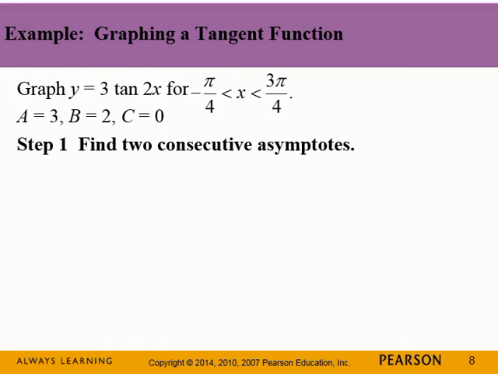So we have y equals 3 tangent 2x. So a is 3, b is 2, and c is 0. So step 1 is to find two consecutive asymptotes. So that means you have 2x.